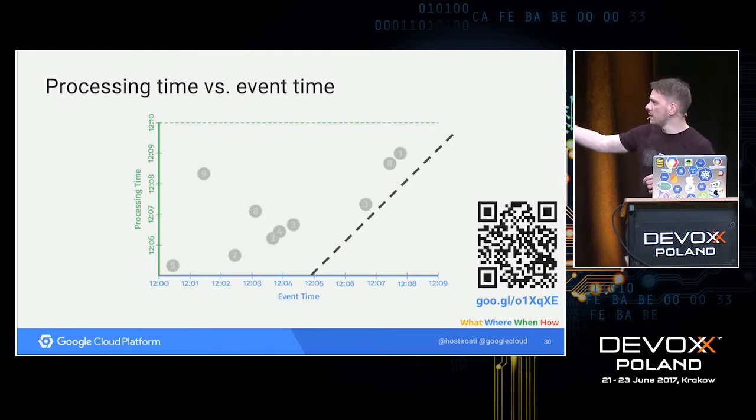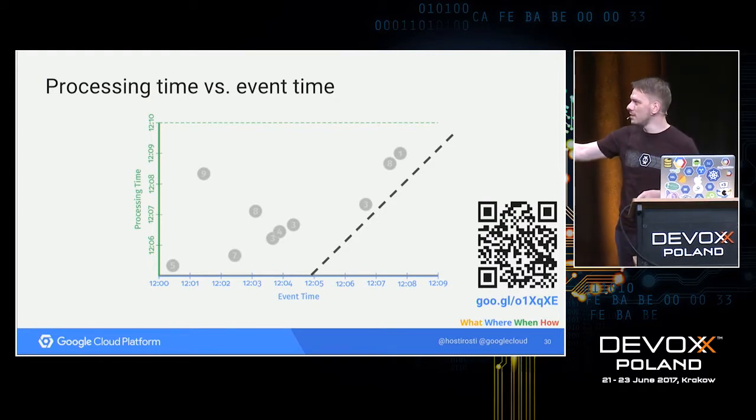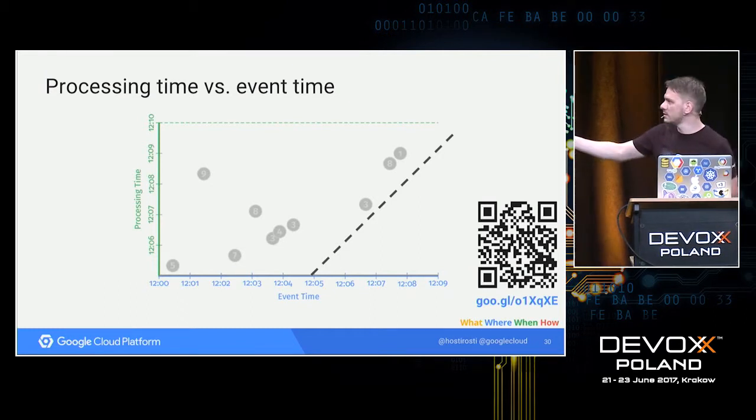Now, this dashed line that you see here is our real-time line. If you find any events down here, please let me know after the talk. I can get you a good job. This basically means that if you find anything in this part, you can look into the future. So it's not possible that we have any events here.